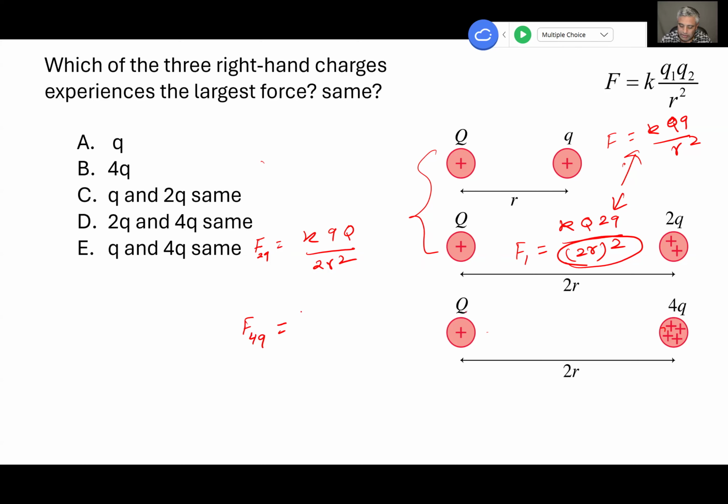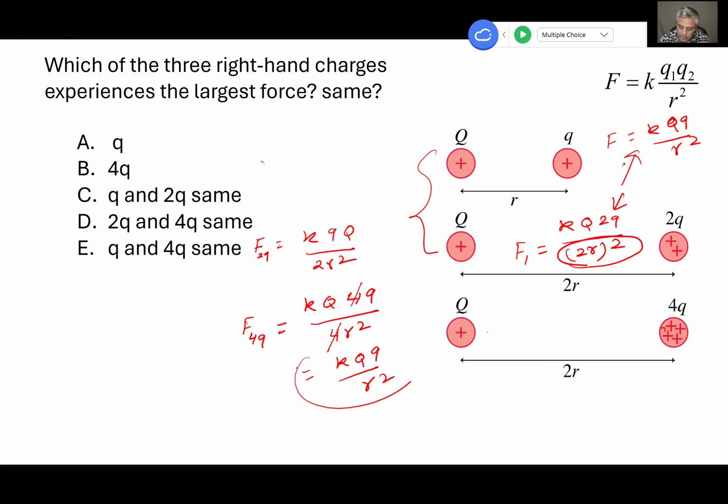So in this case, what happens is one of the charges doubles, sorry, becomes 4 times more. Not just doubles, but 4 times. And over here, it becomes 4r squared because 2r squared is 4r squared. So this one cancels, giving us just k q q over r squared.